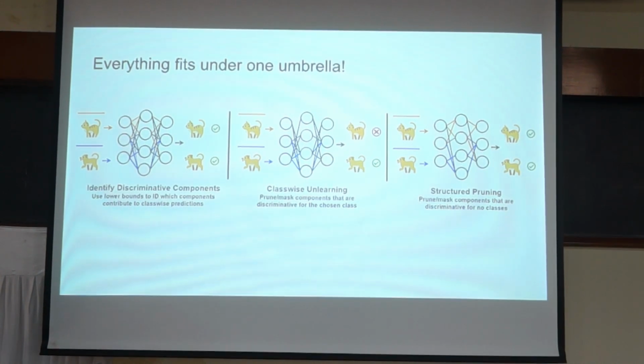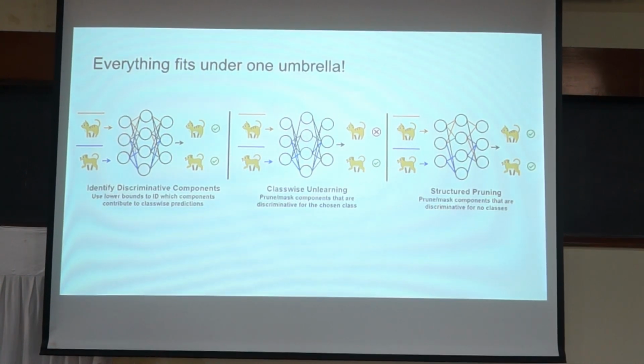So discriminative components are components which are able to discriminate between objects, like say cats and dogs, right? And if you can identify discriminative components, we can identify, let's say there is a component for... So now if there's a neuron which reacts the same way to a cat and a dog, right?